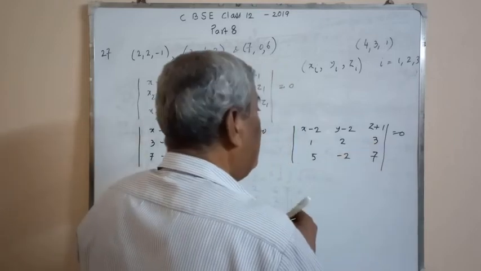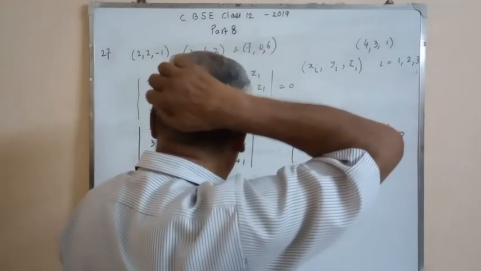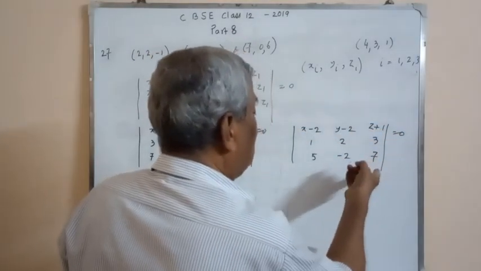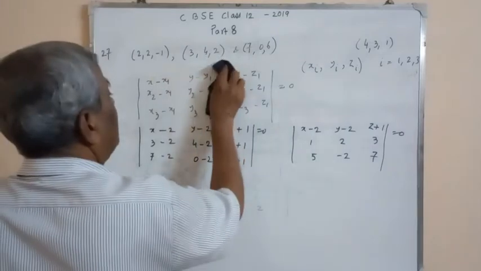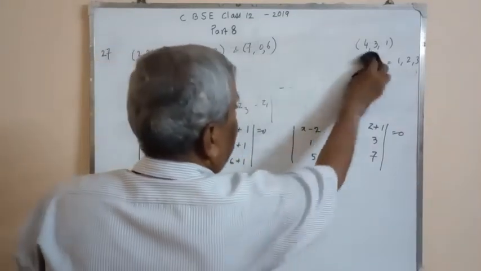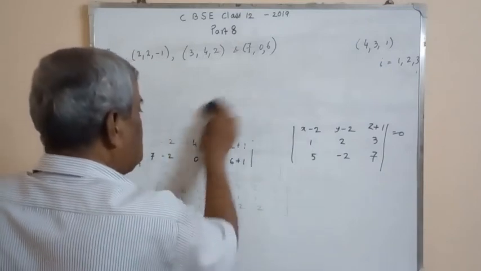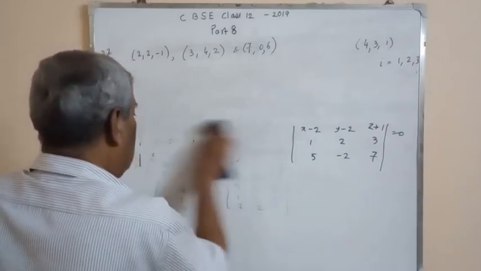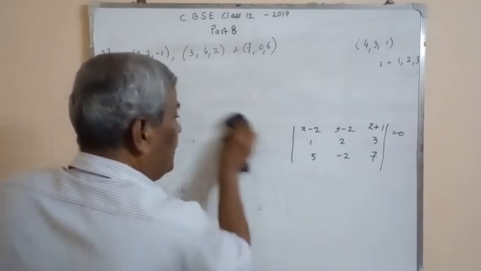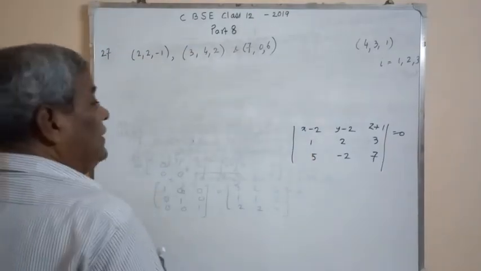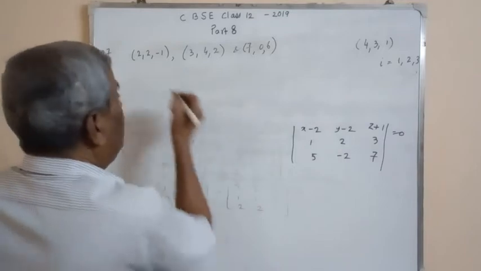So now by any method we have to find the value of the determinant. Simply by expanding along the first row, let us obtain the value of the determinant.